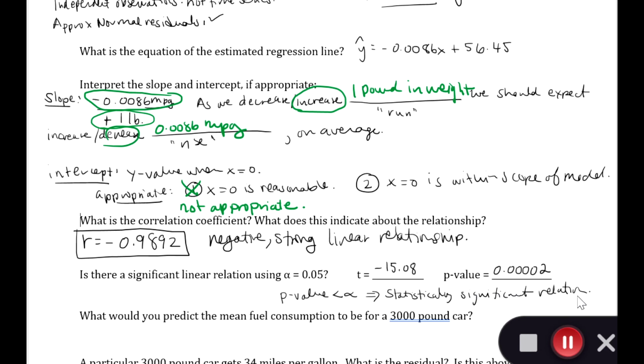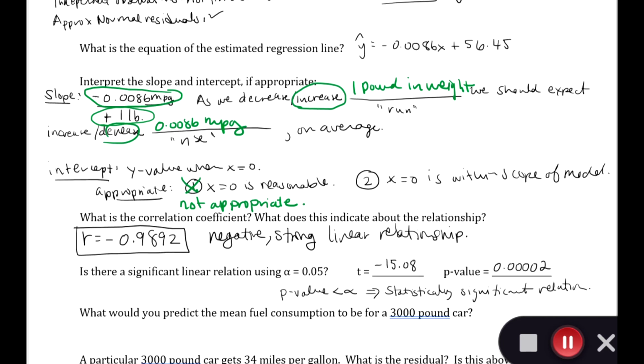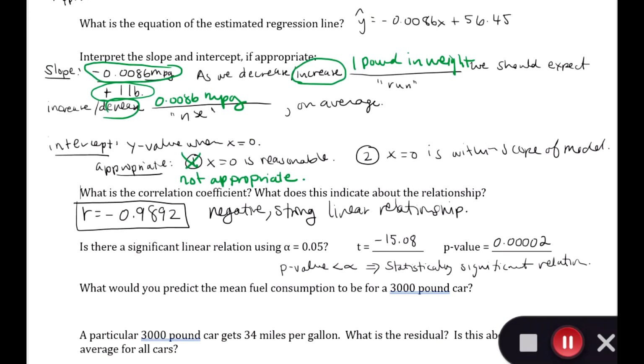Okay. So now we're going to go through and use our regression line to find a prediction for the fuel consumption for a 3,000 pound car.